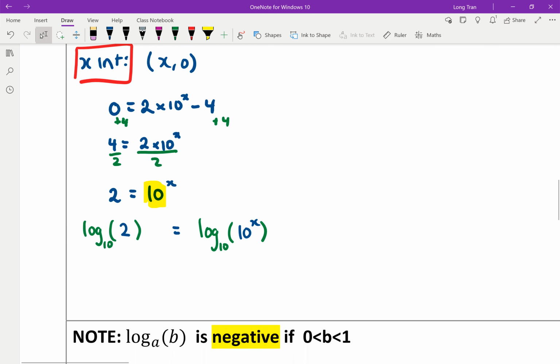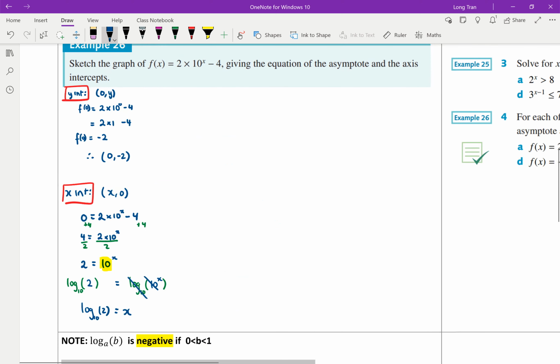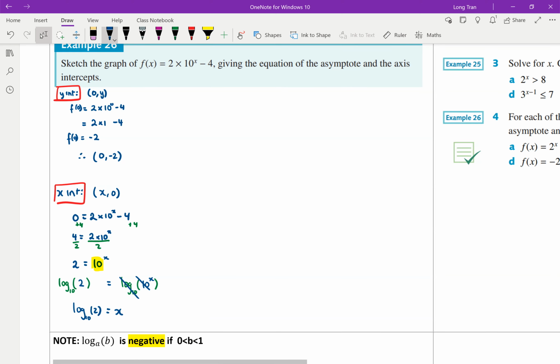So you can see that log base 10 of 10 will cancel out and you end up with x is equal to log base 10 of 2. And that's your exact value, okay? So I've got my x-intercept, which is log base 10 of 2 when the y value is 0. And they want us to sketch.